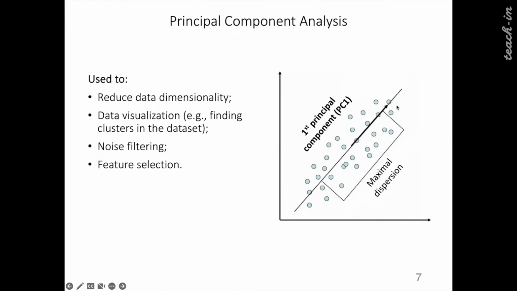First we fix the vector that has the maximal dispersion along it. Next, we go to an orthogonal vector, and we may continue in case of a many-dimensional data set.